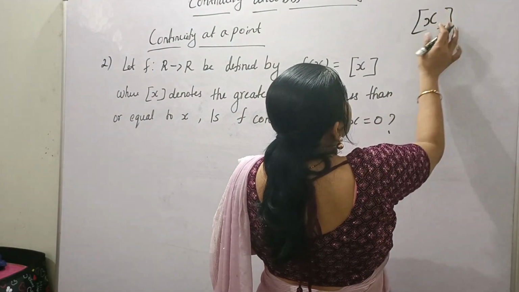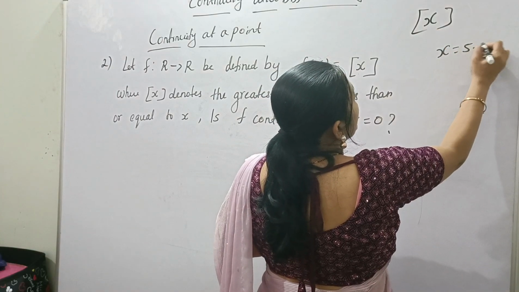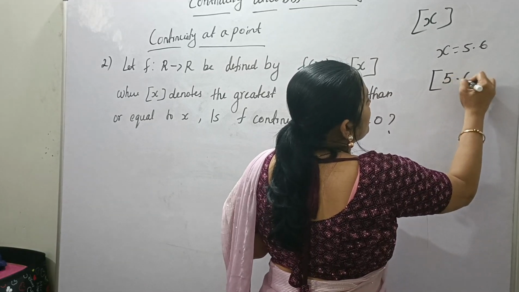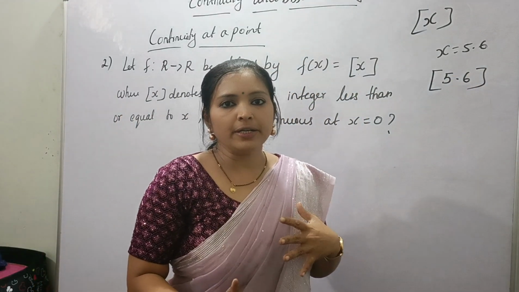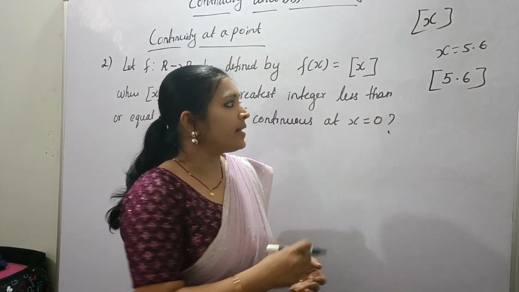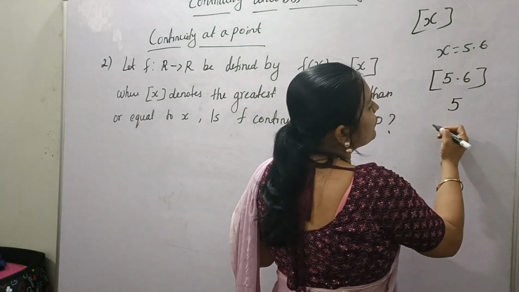The greatest integer of x: suppose x is equal to 5.6. The greatest integer value of 5.6 is the largest integer less than 5.6, which is nothing but 5.